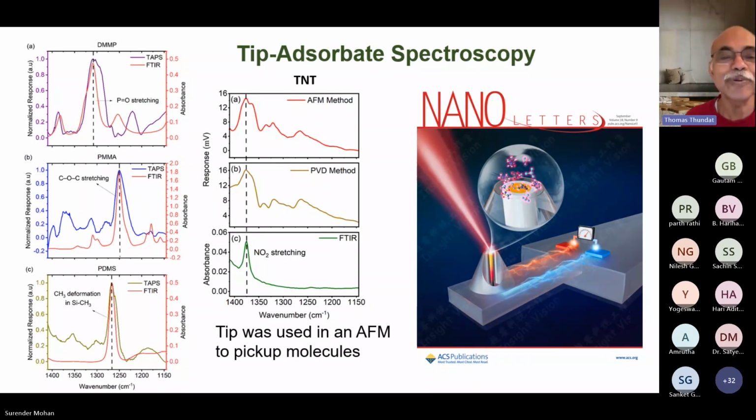So that's what is shown here. And we show that the signal looks exactly the same. So whether the molecules are adsorbed all over the surface or at the tip, the Seebeck effect comes only from the junction. Other parts don't really contribute. Next slide.